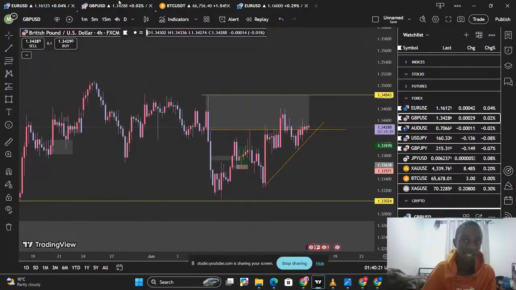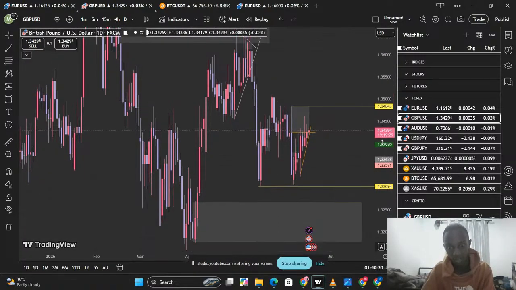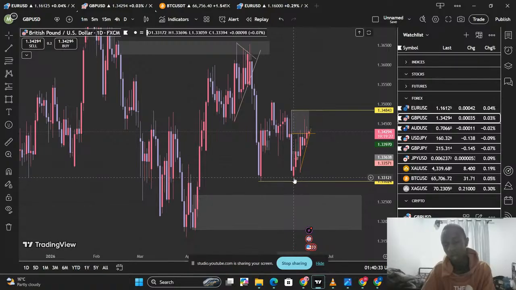probabilities, not certainty. And when we come to the GBP USD daily time frame, you can see that we were at the discount level of our daily bias.